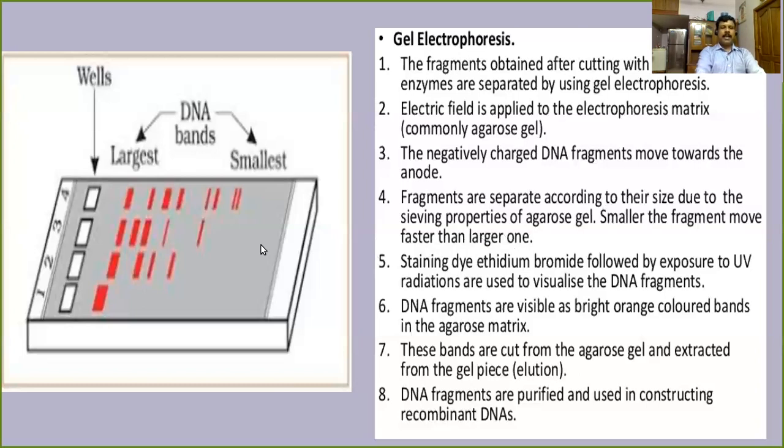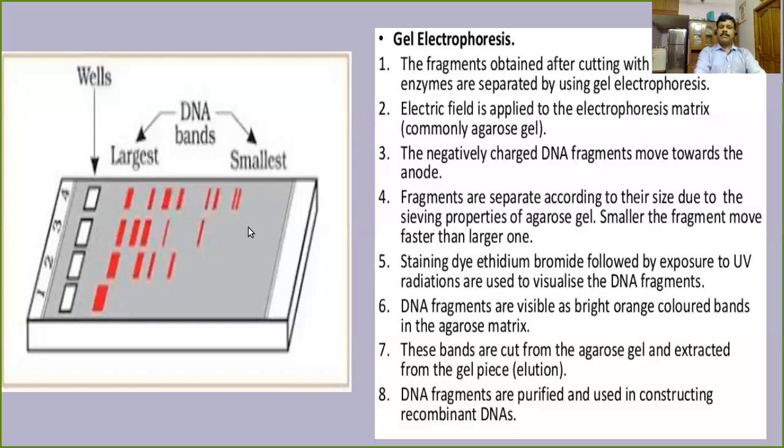Is it clear? As a result of gel electrophoresis, the DNA molecules are separated according to their size. The largest DNA fragments settle at the bottom, that means nearer to the wells, and the smallest DNA fragments settle at the top.